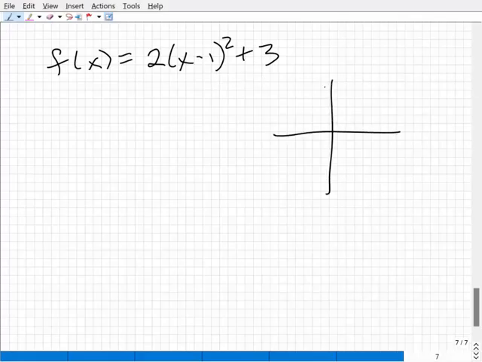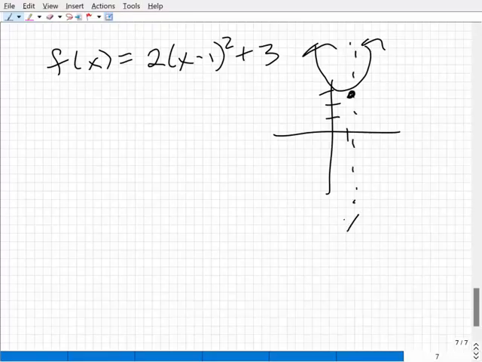I could tell you this is a transformation of x squared. It's a parabola that opens upward, with the vertex at (1, 3). It has an axis of symmetry at x equals 1. The axis of symmetry has to be the y-axis. So I could tell you right now this is neither.